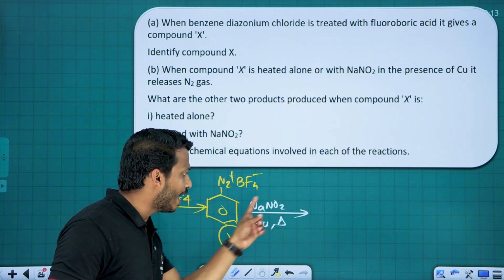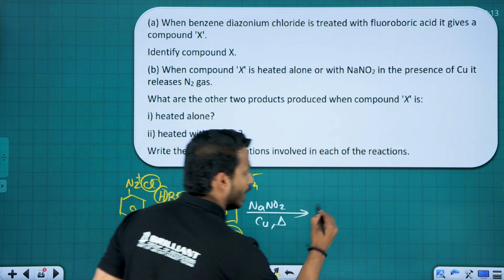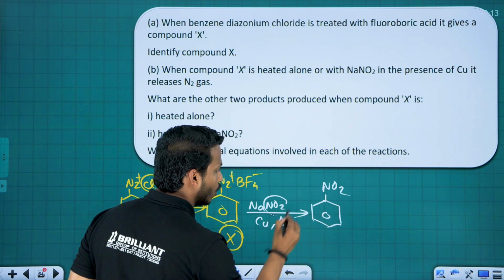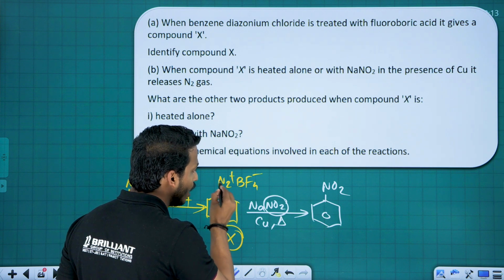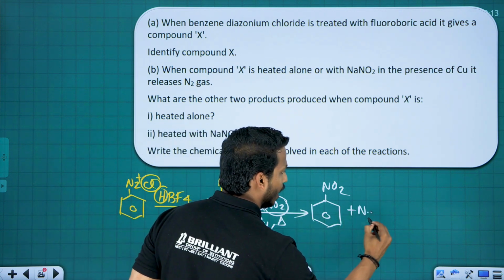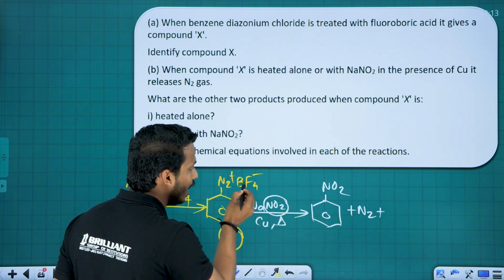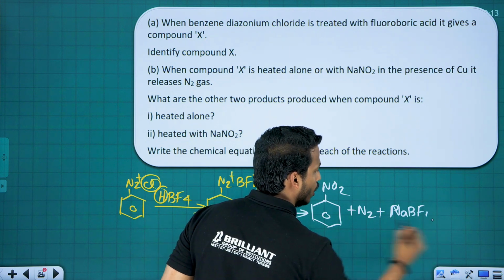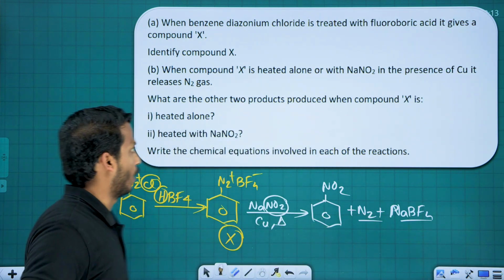But if you heat it with NaNO2 and copper, you will get nitrobenzene. The nitro group comes onto the benzene, N2 gas comes out, and Na combined with BF4 gives NaBF4. So these are the other two byproducts.